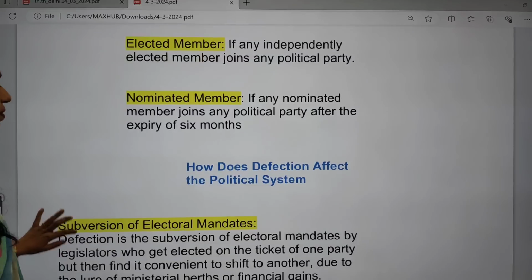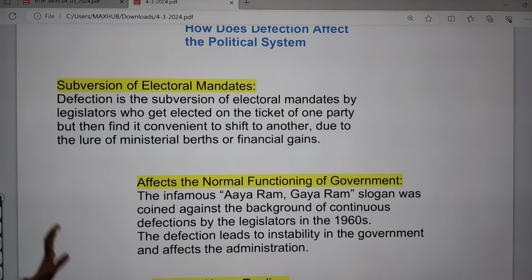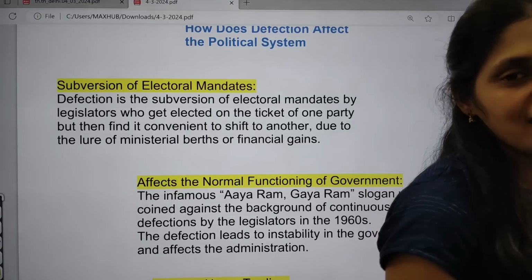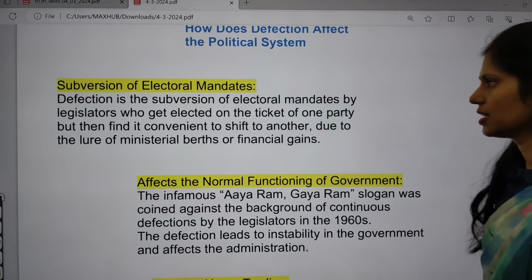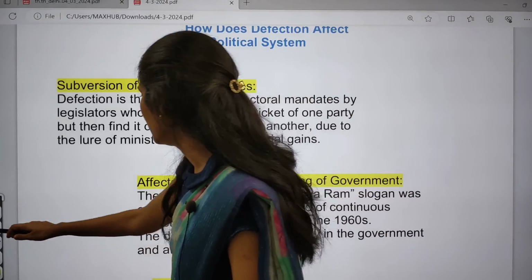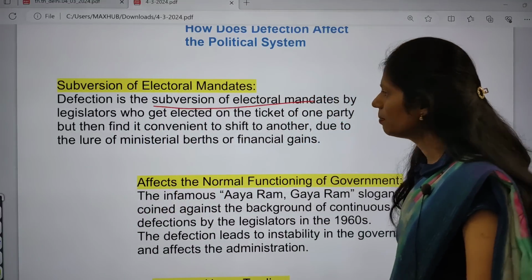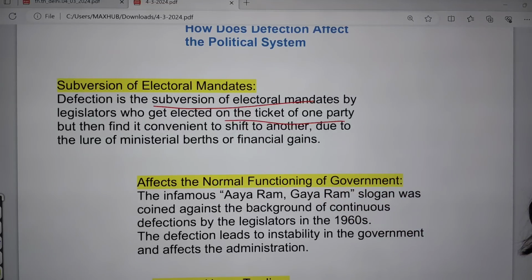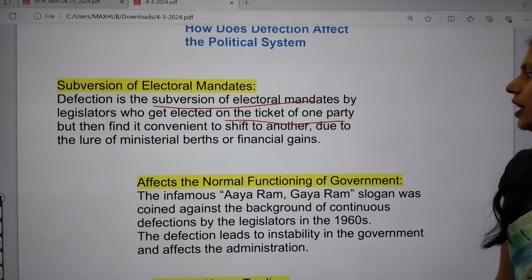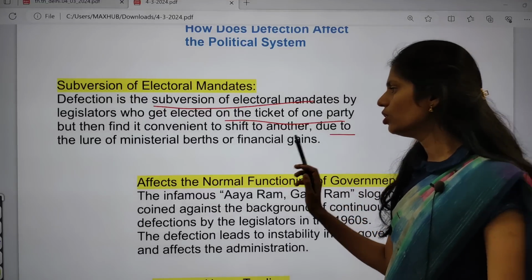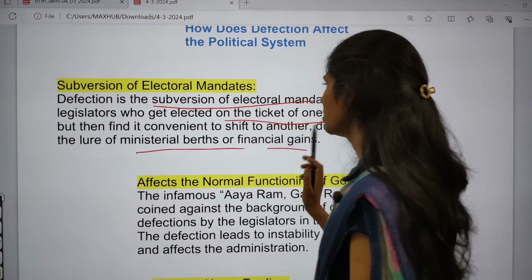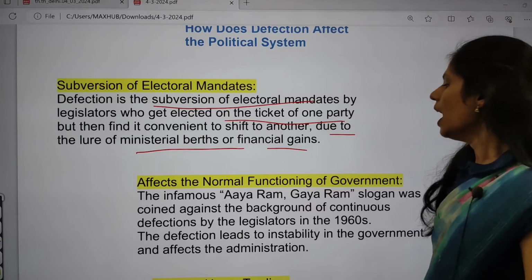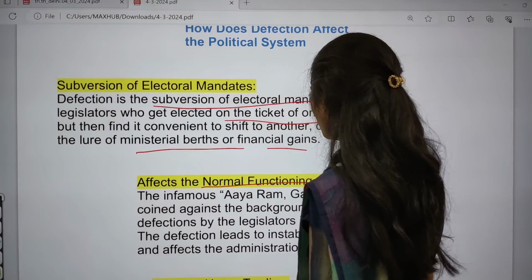So how does defection affect the political party? This topic is also very important. Why are we talking about anti-defection law? You have to know the significance. First, defection is subversion of electoral mandates by legislators who get elected on the ticket of one party, but shift to another due to ministerial berths or financial gains. That will lead to the subversion of electoral mandates, and it will affect the normal functioning of government.